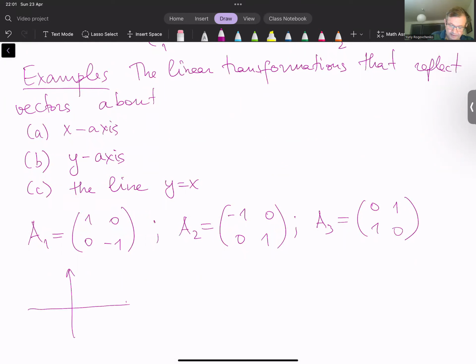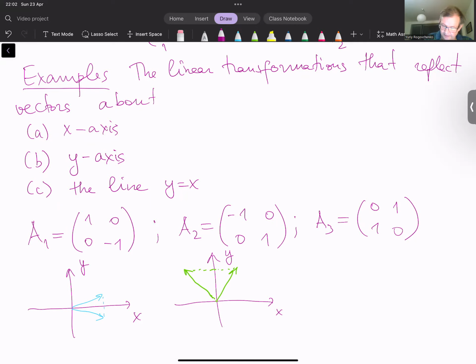If we wish to illustrate graphically what happens in all those 3 cases, then first we have the vector which will be reflected about the x-axis. So this is geometrically the reflection. In the second case, we have the vector which will be reflected about the y-axis, and that means that we talk about the projection onto the y-axis.